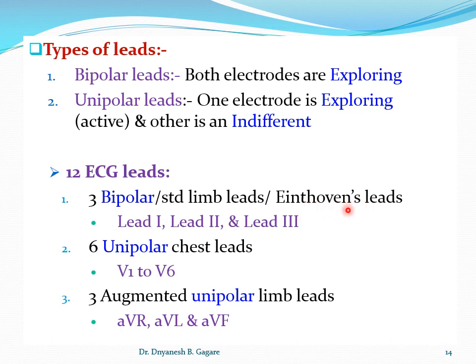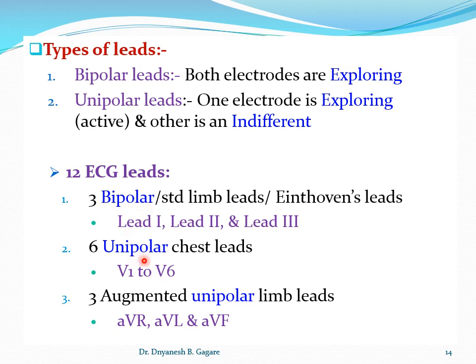His contribution is very high. During his study, he developed these three leads, and that's why they are also called Einthoven's leads. Under these bipolar leads there are three types of leads: lead 1, lead 2 and lead 3.